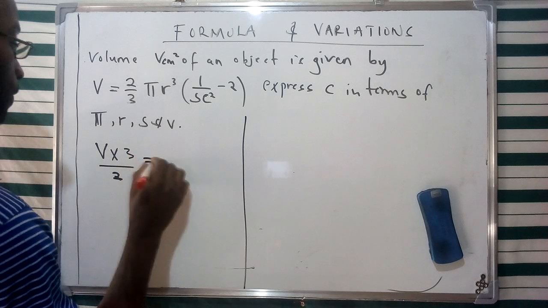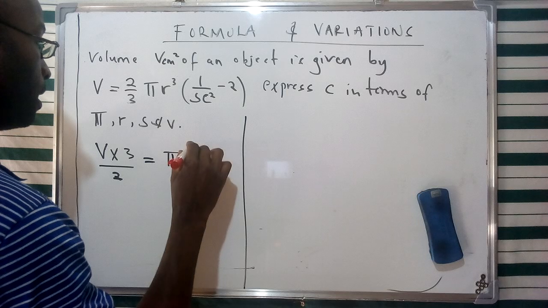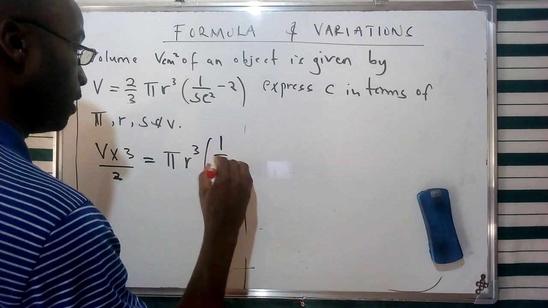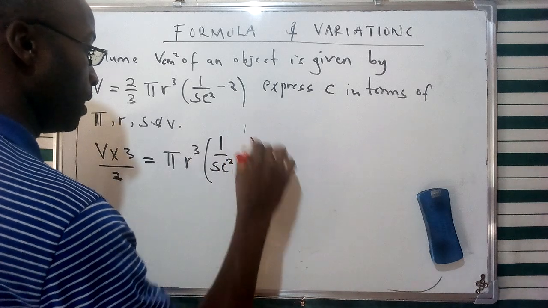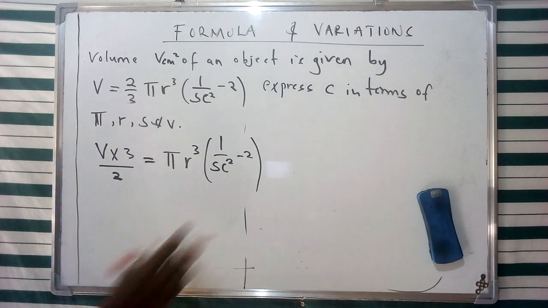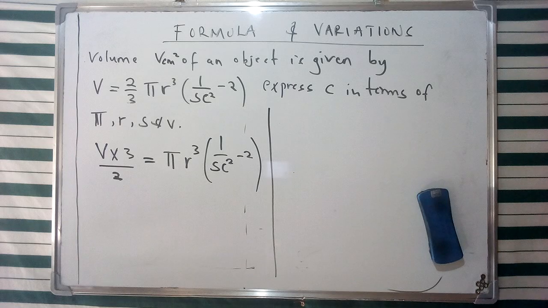And this is going to give me a value of pi r cubed into 1 over s c squared minus 2. So basically, whenever you divide a number by itself, that number is cancelled out, and that is exactly what I've done on this part of the equation. So I'm going to have this given as such.